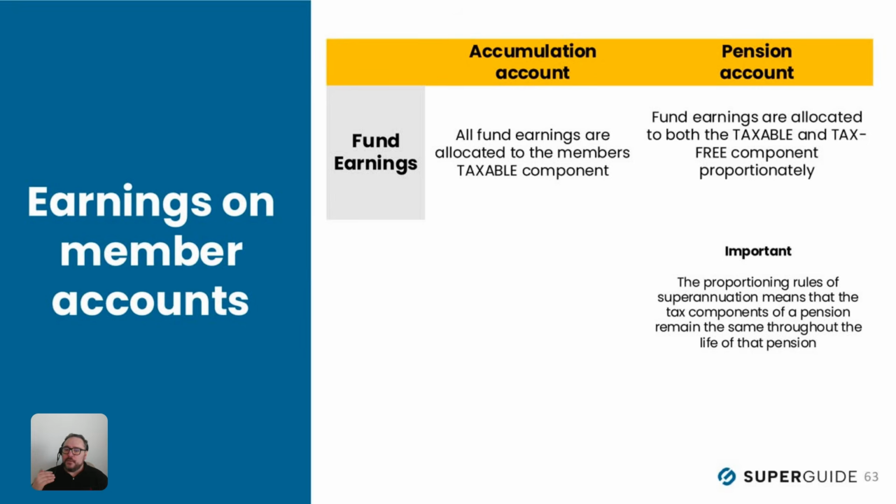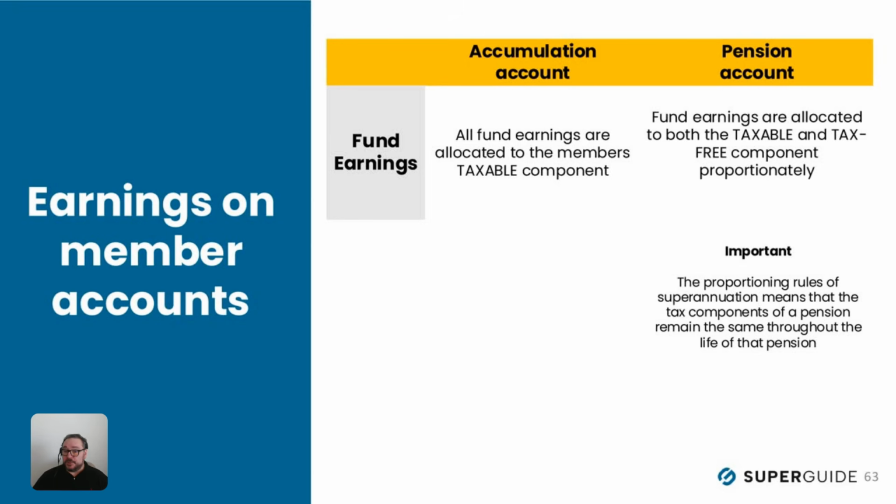Now, when we look at the earnings on our fund, the fund earnings, they get treated differently depending on if we're in pension phase or not. If we're in the growth phase of super, we're working, we're making contributions, we're in accumulation phase, any return, any interest, any fund earnings will always be allocated to the member's taxable component.